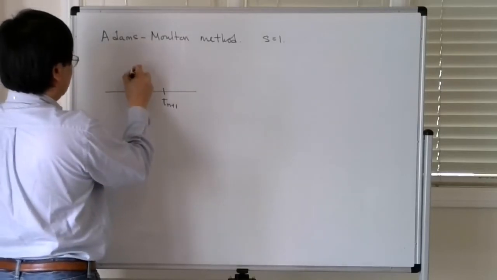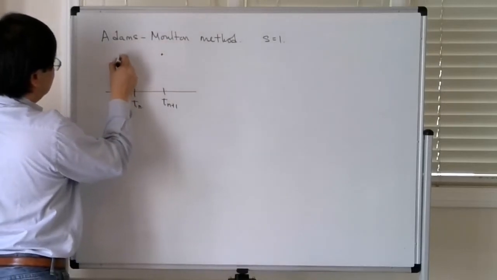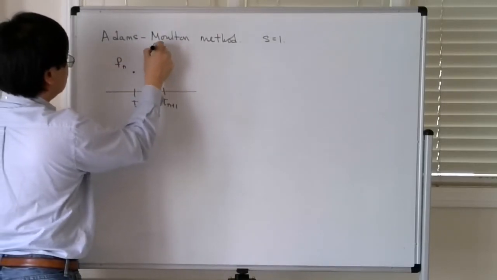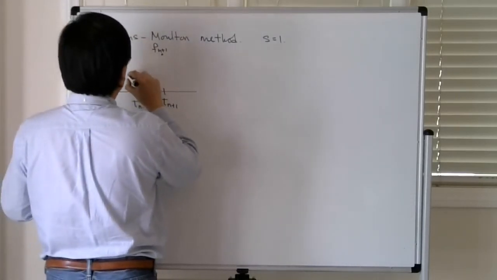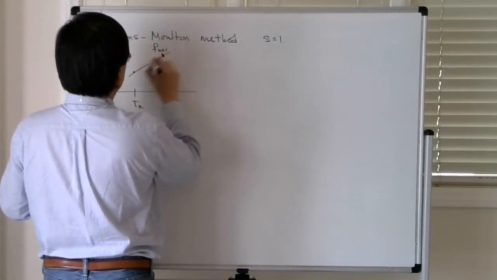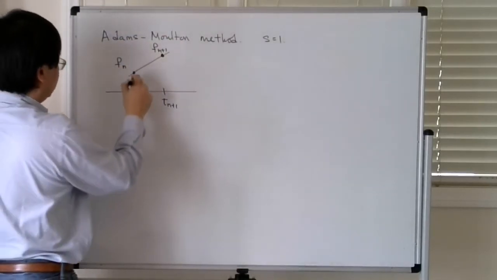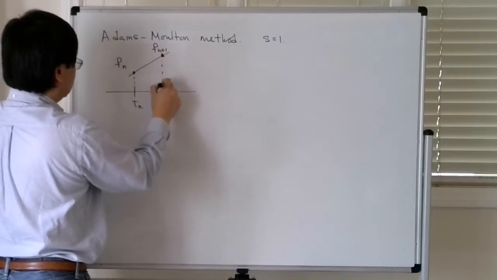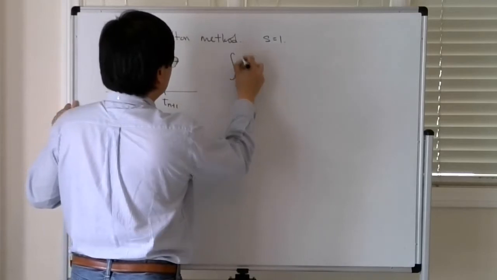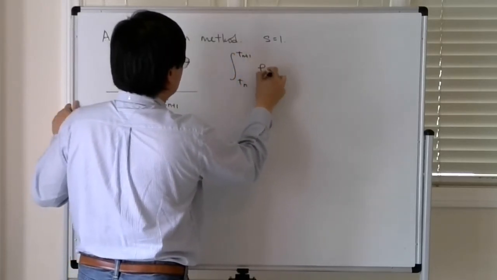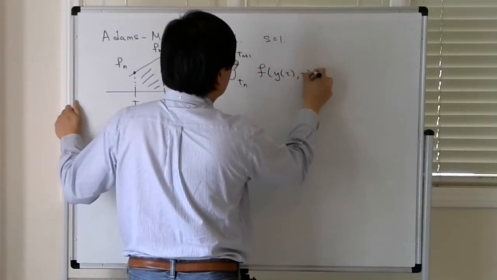You're going to assume you know the vector field values at those 2 times, construct an interpolant of the vector field, and integrate over the interval from tn to tn plus 1. So you want the integral from tn to tn plus 1 of f evaluated on y tau, tau d tau.